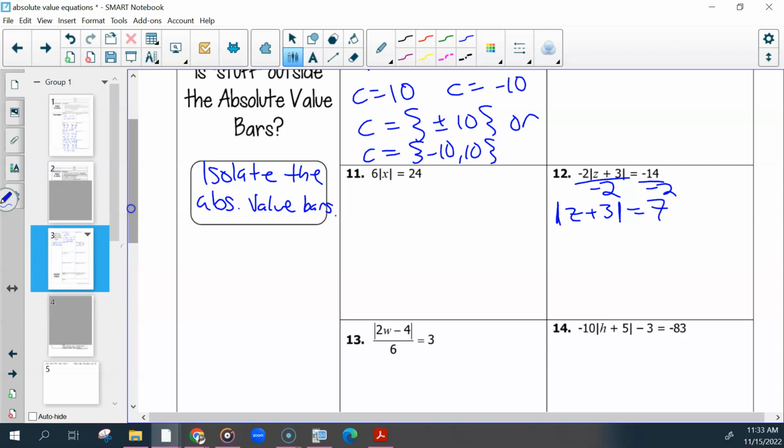We're pretending it doesn't exist until the end when we can actually solve it. So now there's nothing outside of the absolute value bar, so we can take what's inside and set it to a positive and negative version of this number. If you did distribute, that would be the wrong step. You would not get the correct answer.